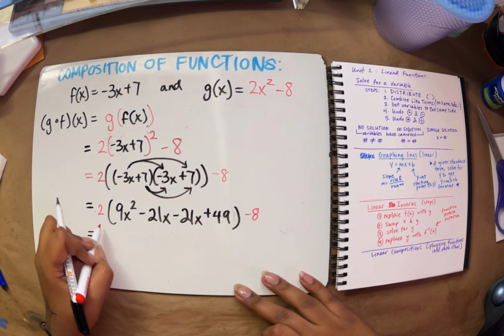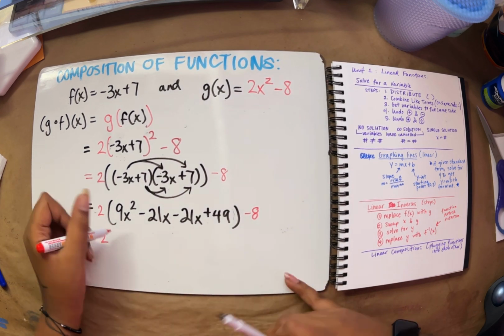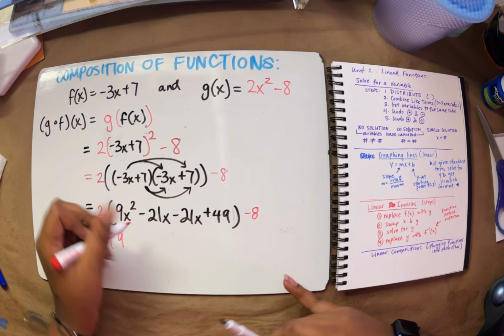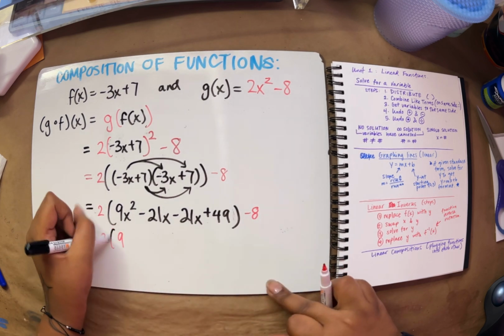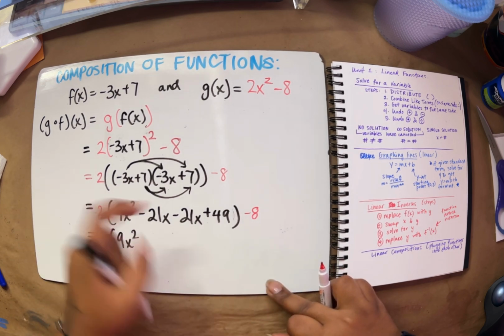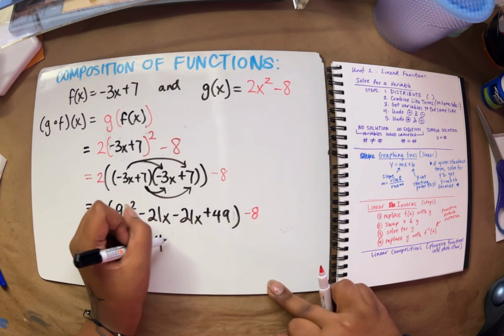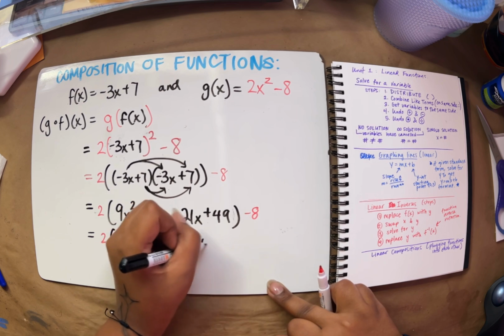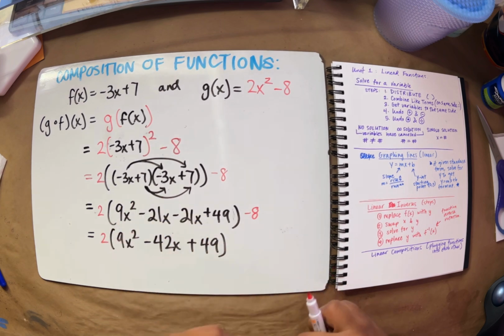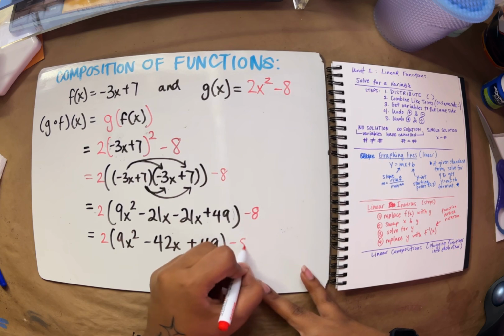So I have 2 times, and let's go ahead and combine our like terms. I have 9x squared minus 21x, that's negative 42x plus 49. And now we must distribute my 2.